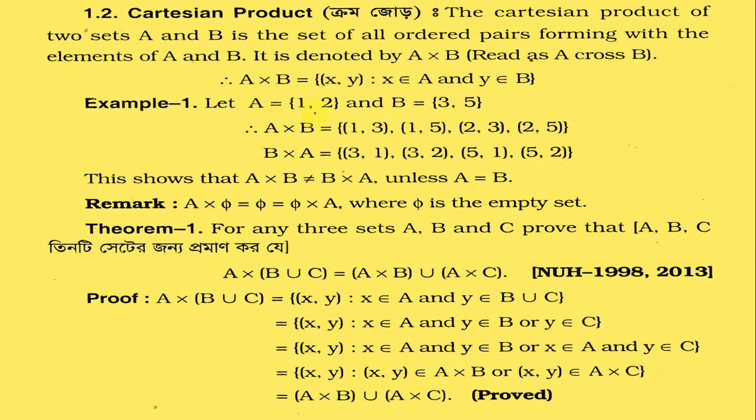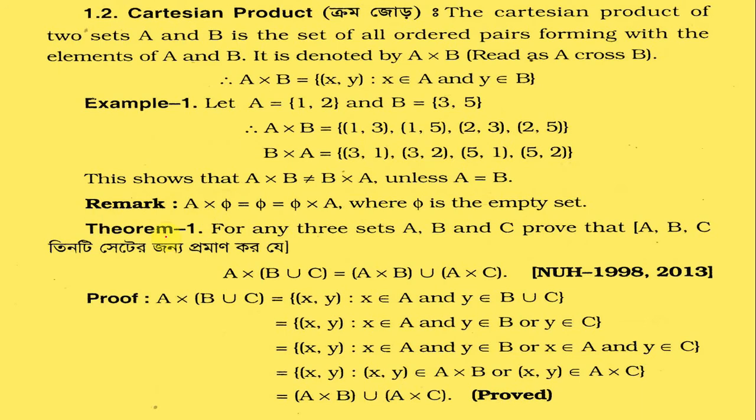Let the set A be {1, 2} and B be {3, 5}. So A cross B is {(1, 3), (1, 5), (2, 3), (2, 5)} and B cross A is {(3, 1), (3, 2), (5, 1), (5, 2)}. This shows that A cross B is not equal to B cross A unless A is equal to B.